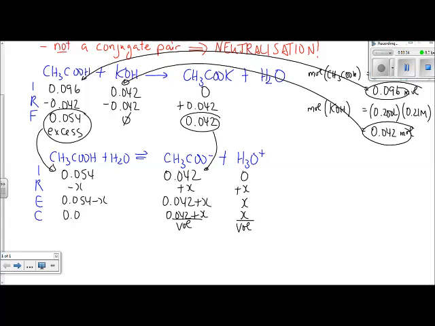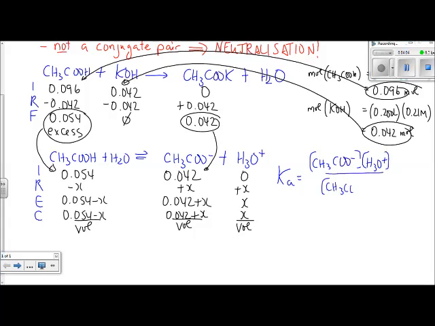This is now an acid dissociation, so it's going to be a Ka expression that's going to help us solve for X. So we'll write the Ka for acetic acid. That would be the acetate concentration times the H3O plus concentration, all divided by the acetic acid concentration.